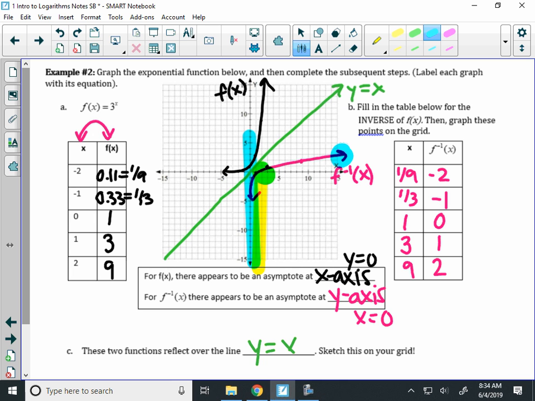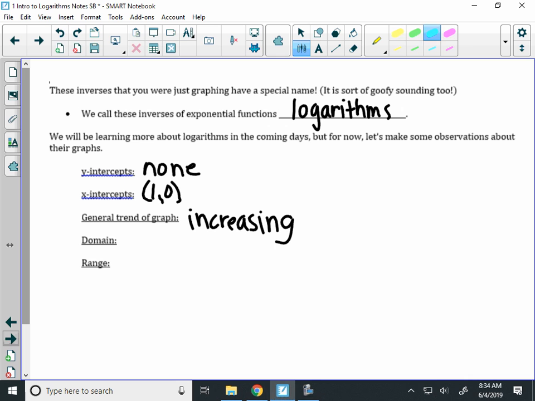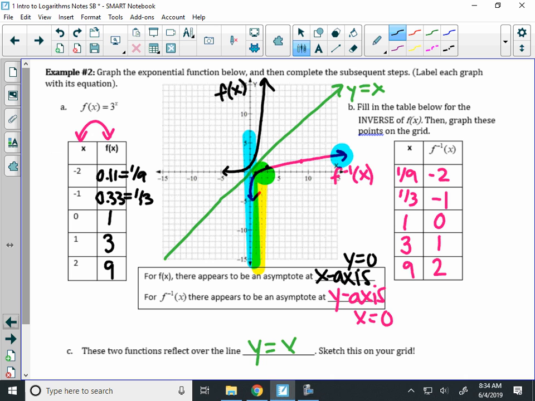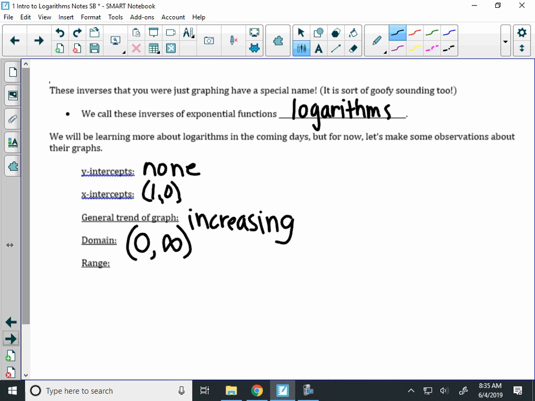So since I have an asymptote at x equals 0, when I write my domain, I'm not going to include that 0 in the domain. It doesn't have a value at x equals 0. So open parenthesis, 0, comma, infinity because they go to the right. Now my range is going from the bottom where I have an arrow, so down to negative infinity, up to positive infinity. So my range is from negative infinity to infinity.